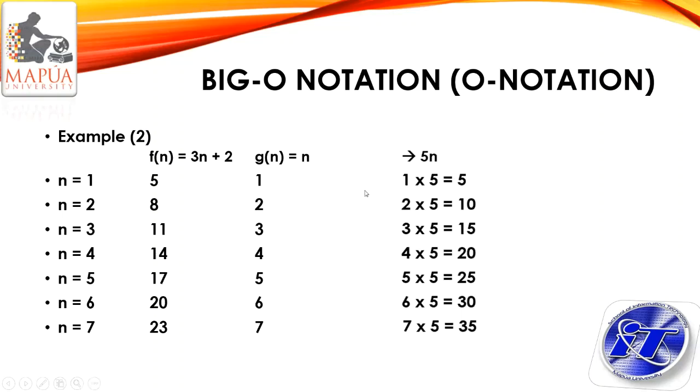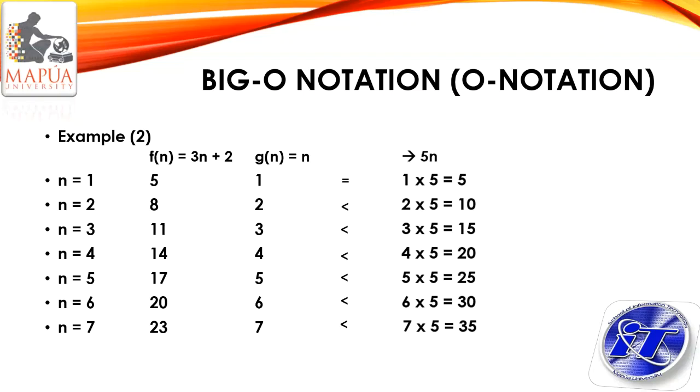So let's try 5n. Now, instead of having c equal to 1, make it 5. Will it become bigger compared with 3n plus 2? Yes. When n is equal to 1, they are equal, but for the other values, 5n is bigger than 3n plus 2. So therefore, we could say that the big O notation of 3n plus 2 is n.